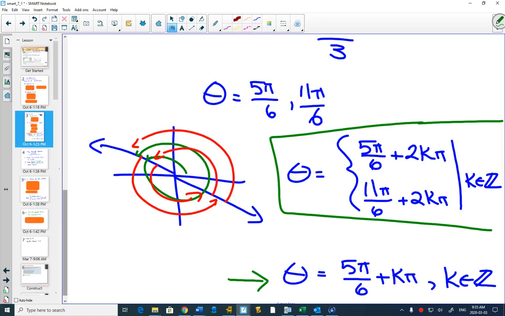And even though this is more elegant as an answer, the other one would be accepted completely right. But we will look at what is more elegant. And sometimes in multiple choice, they have the more elegant answer listed for a tangent question, so then you'd have to be able to recognize it.